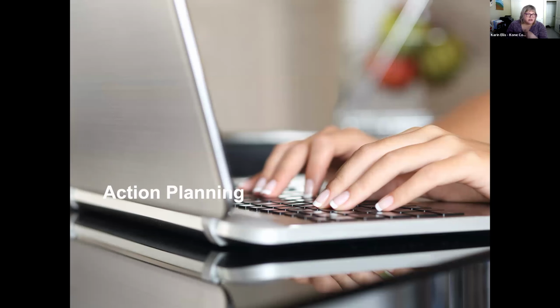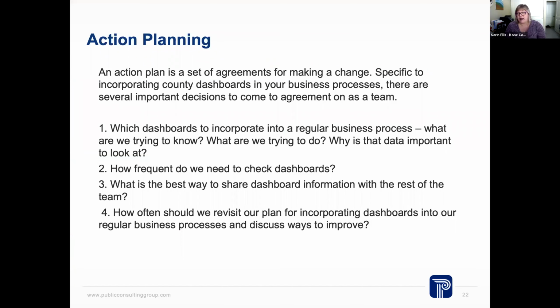Okay, moving along. The next topic and the next tool in your toolkit is about action planning. Really, all action planning is making some agreements together and thinking about how to make some changes. So this is another tool for helping with some decision-making processes.